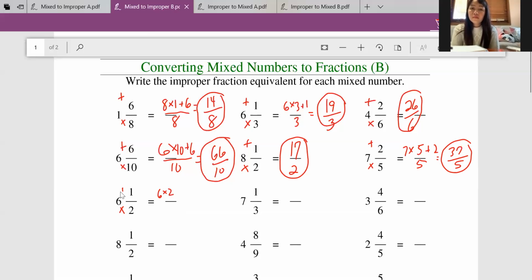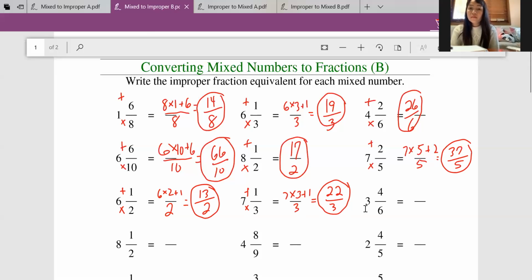I'm going to add the numerator plus 1, and the denominator stays 2. 6 times 2 is 12, plus 1 becomes 13 over 2. 7.33. I'm going to do 7 times 3 plus 1 over 3. So 7 times 3 is 21 plus 1 is going to be 22 over 3.